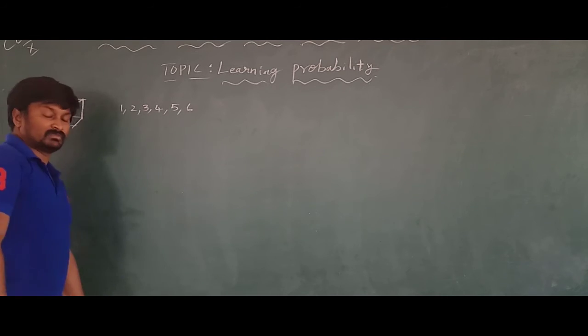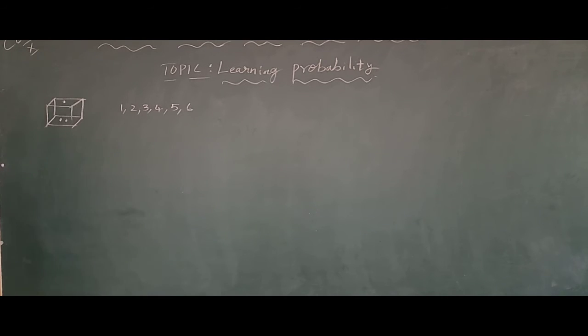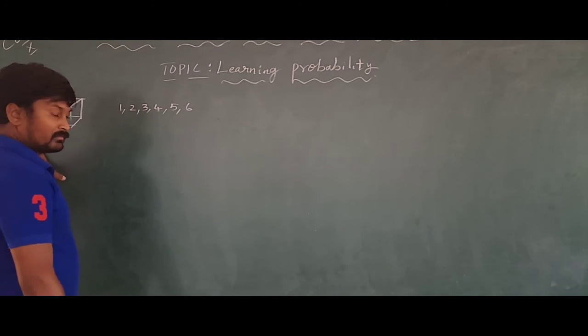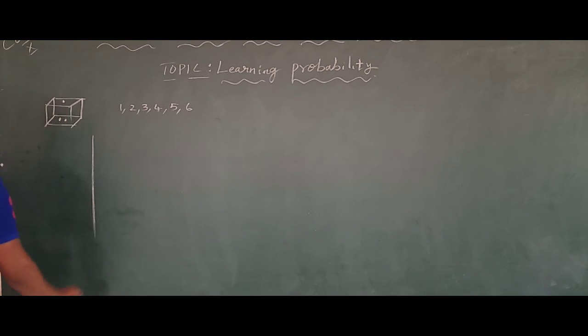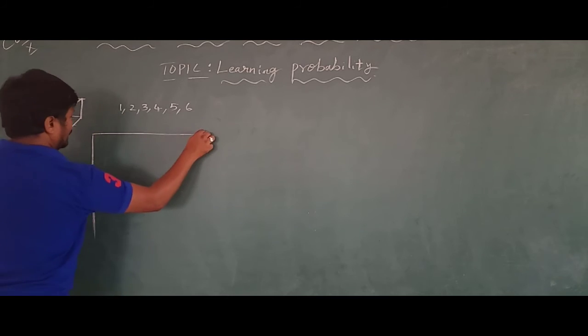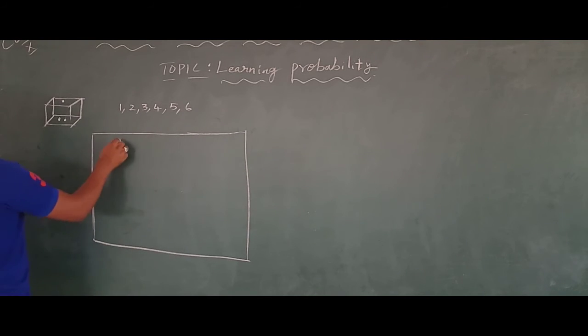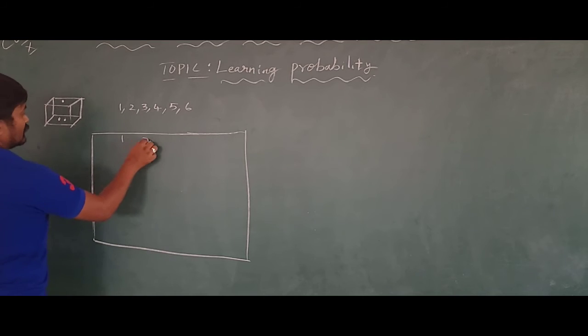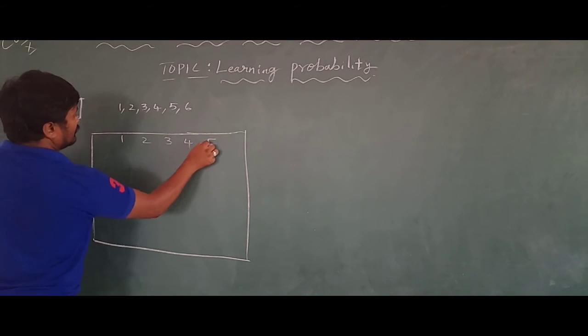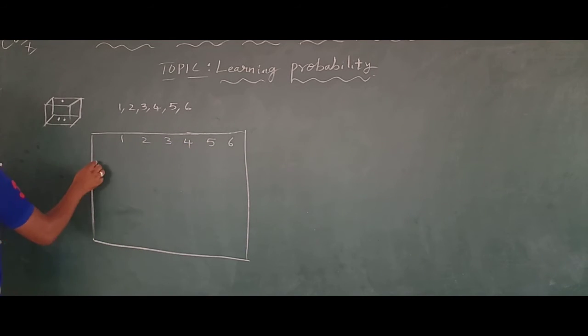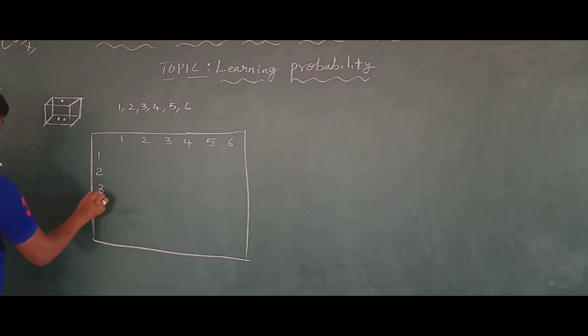Then, if 2 dice are thrown, what are the possible outcomes? Let me draw a table so that you can understand. This table is important to solve dice problems in your examination. 1, 2, 3, 4, 5, 6 is one dice's outcomes, and the other dice's outcomes again 1, 2, 3, 4, 5, 6.